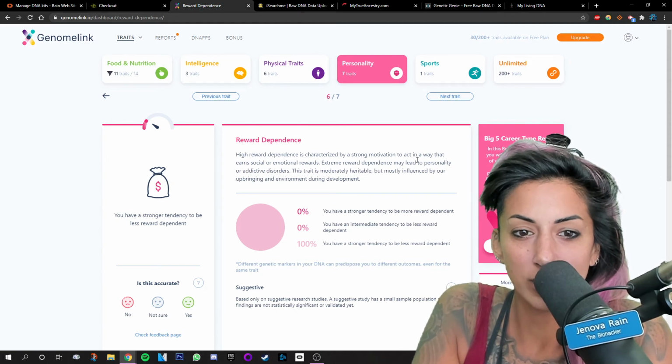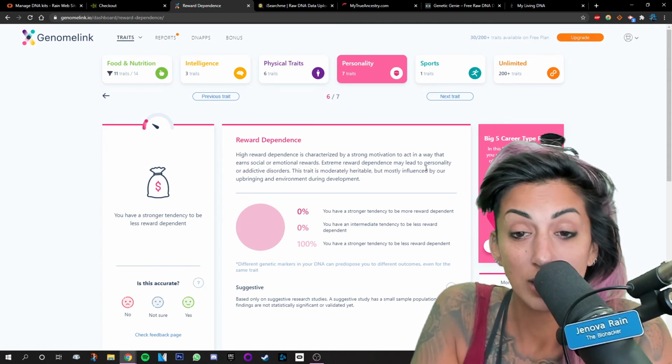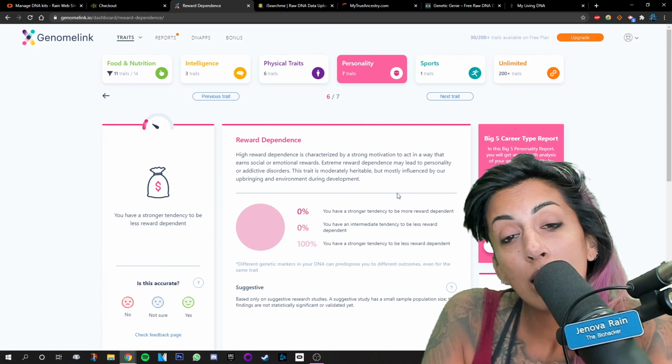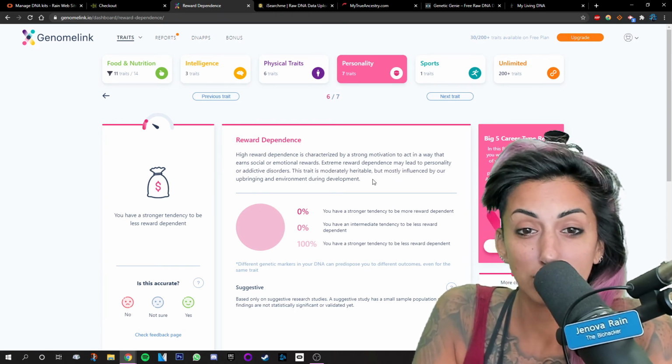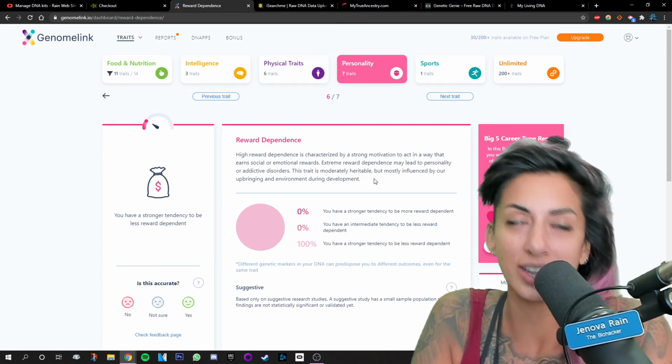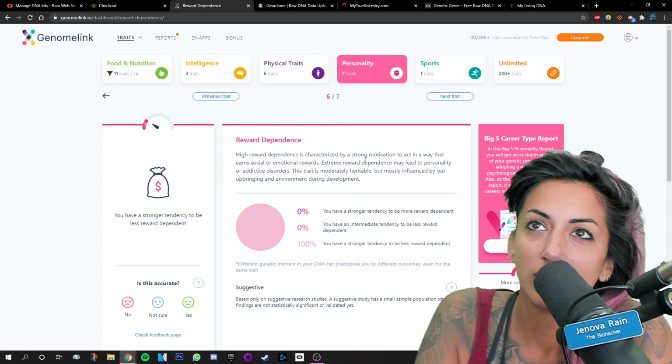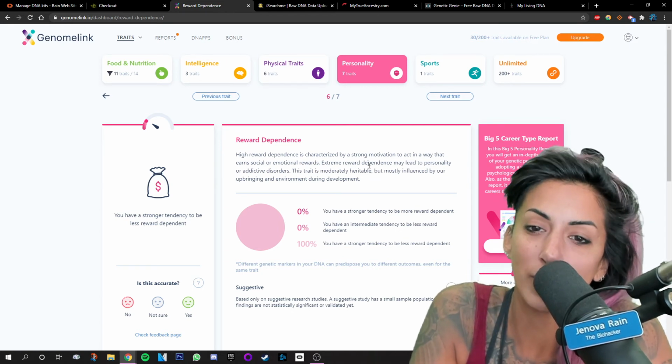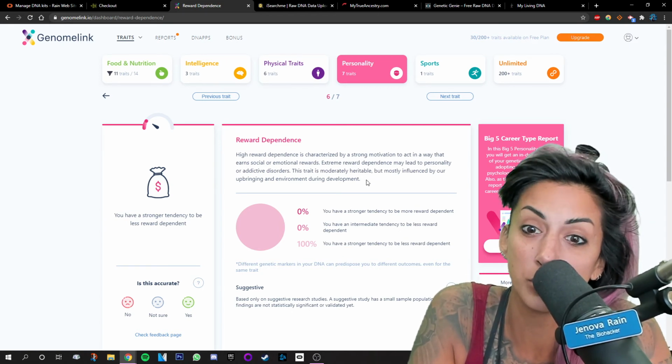You have a stronger tendency to be less reward dependent. But I like rewards. But yeah, I'm probably not dependent on it. Okay, I see what they're saying. Everyone likes rewards, but I'm probably not dependent on that. I don't do things for the reward.